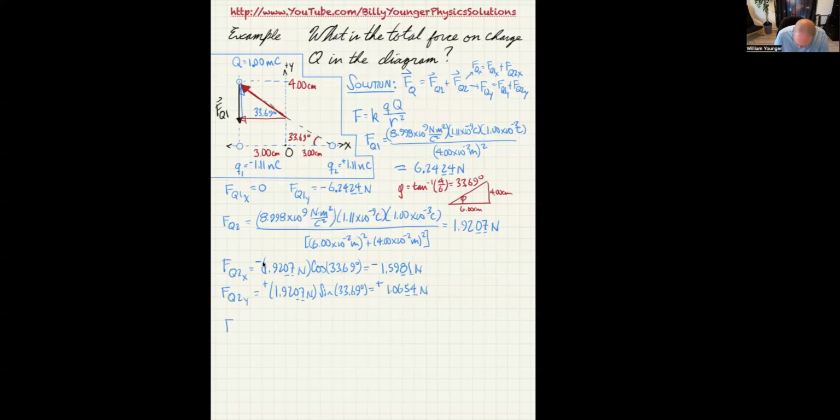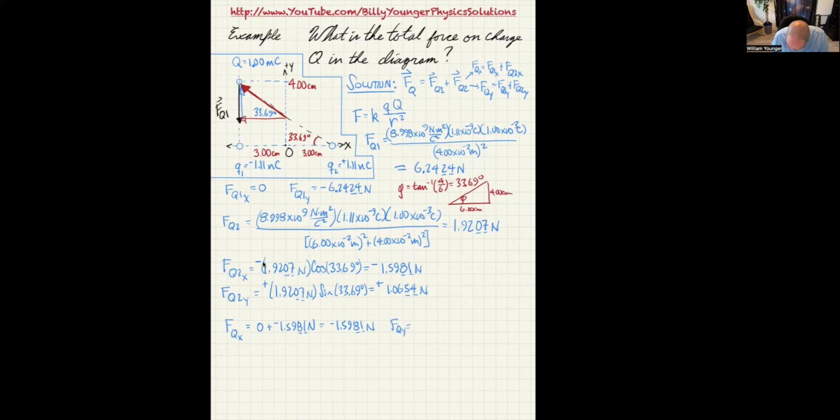So the FQ sub x is the total resultant force component in the x direction. So I have to add the two x's, which is 0 plus negative 1.5981 newtons. So this is going to be negative 1.5981 newtons.